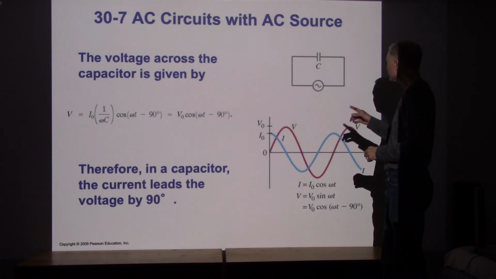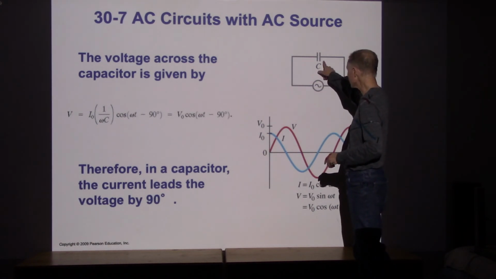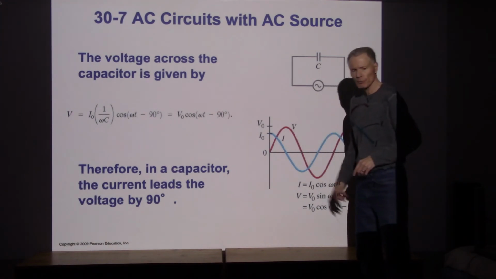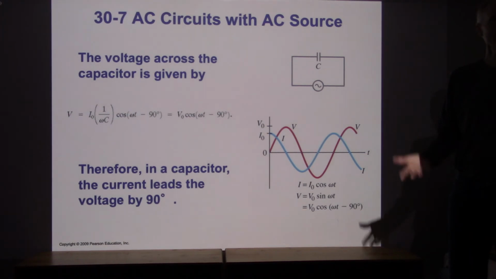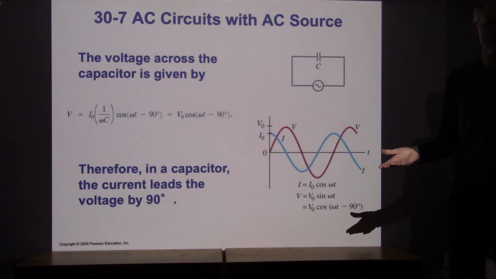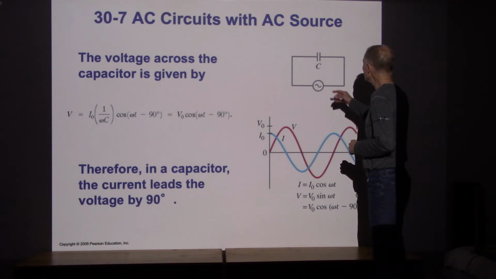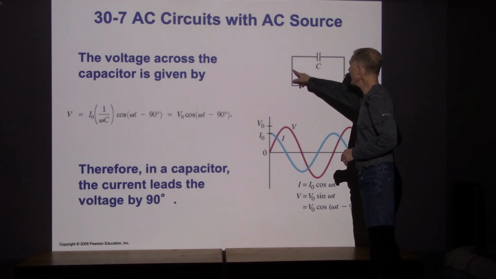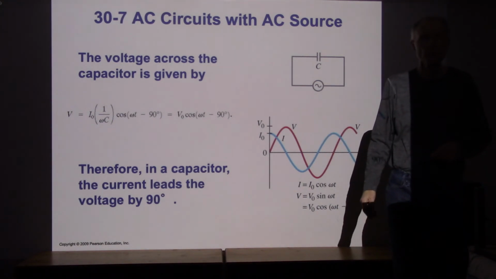Now, an interesting feature then is that the voltage here across the capacitor is like a sine function, but the voltage across an inductor behaved like a negative sine function, and that says that those two voltages can actually cancel out. So if I have a circuit, we're not there yet, but we will be soon, where I have a capacitor and an inductor and a resistor, we can put all three in the same circuit.